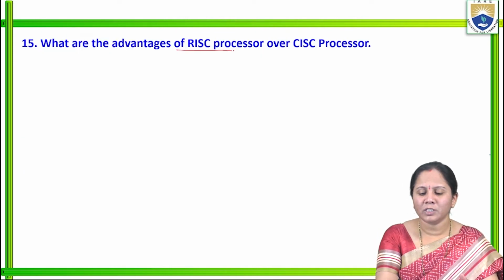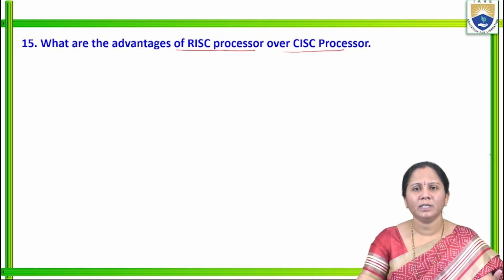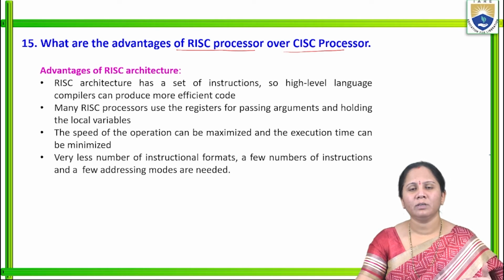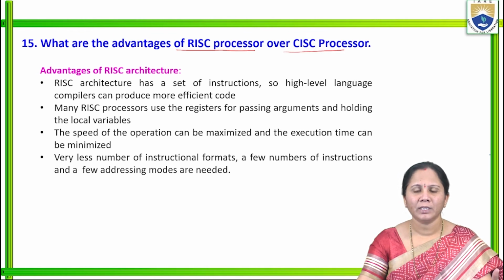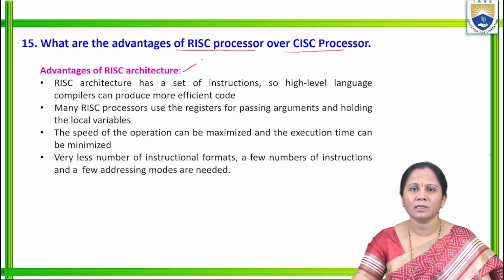And what are the advantages of RISC processor over CISC processor? So here some of the advantages are RISC is having a simple instruction set, so that particular instruction can be executed within a single cycle. The speed of operation, execution time can be minimized. The instruction formats will be very simple. So all these are some of the advantages of RISC architecture.